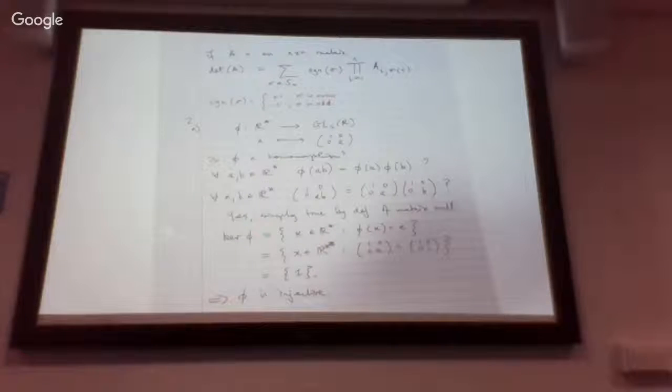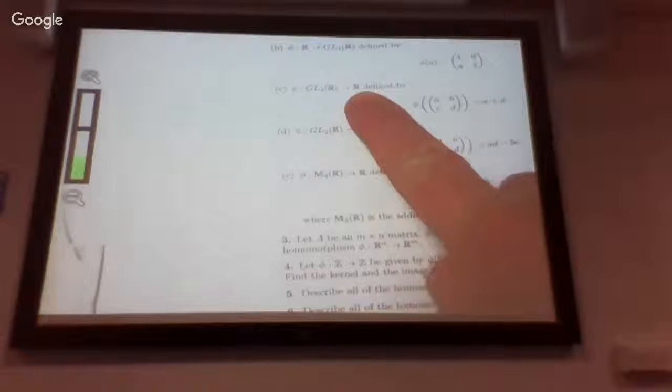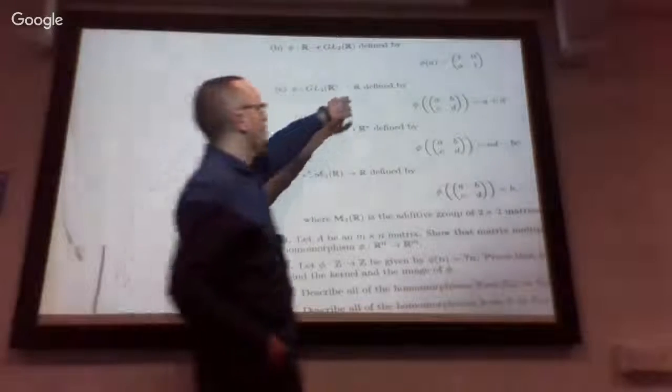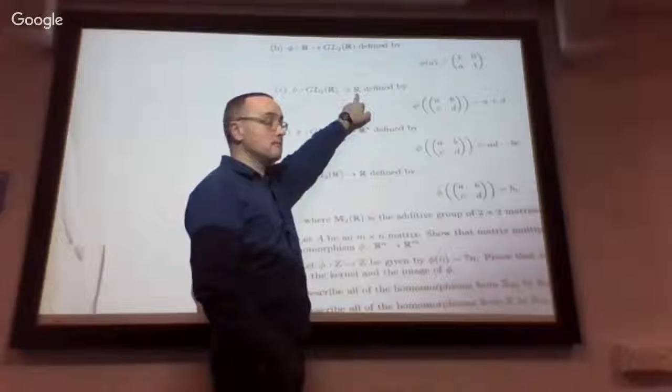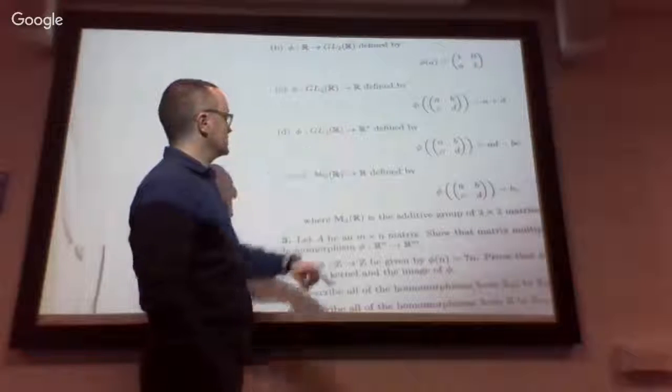So that gives you an idea. I mean, there's a load of other maps to get thinking about there, going either from R to GL2 or GL2 to R or M2 to R. Notice in those exercises, when he talks about the group R star, he's meaning the group of non-zero real numbers under multiplication. But if he just mentions R, he's talking about the group of all real numbers under addition. And GL2R is the group of invertible matrices under multiplication of matrices.